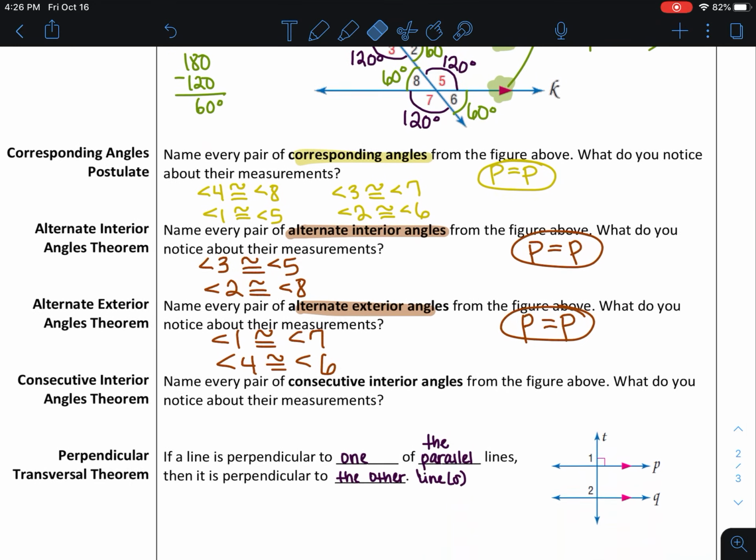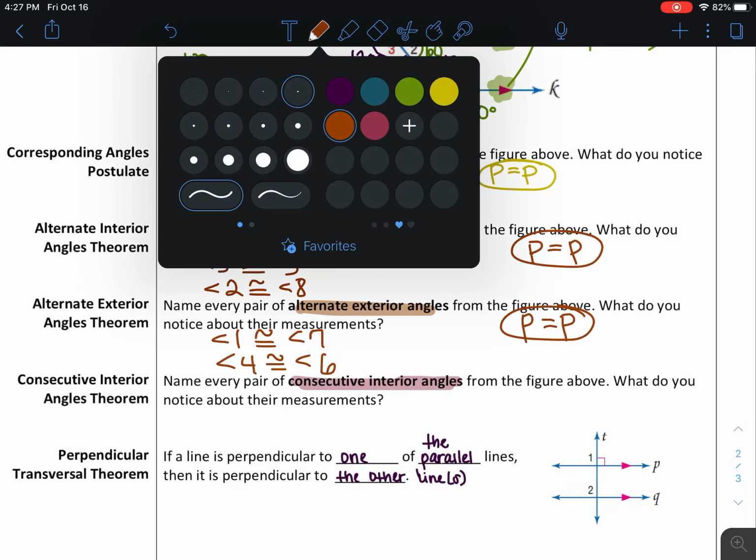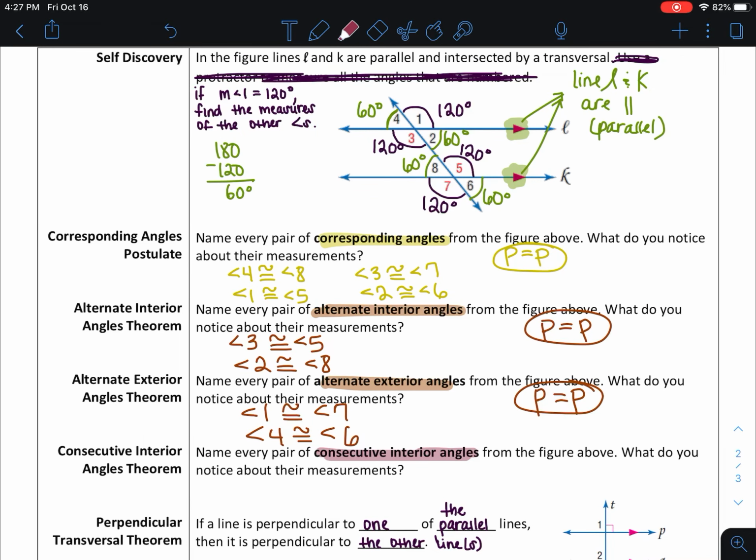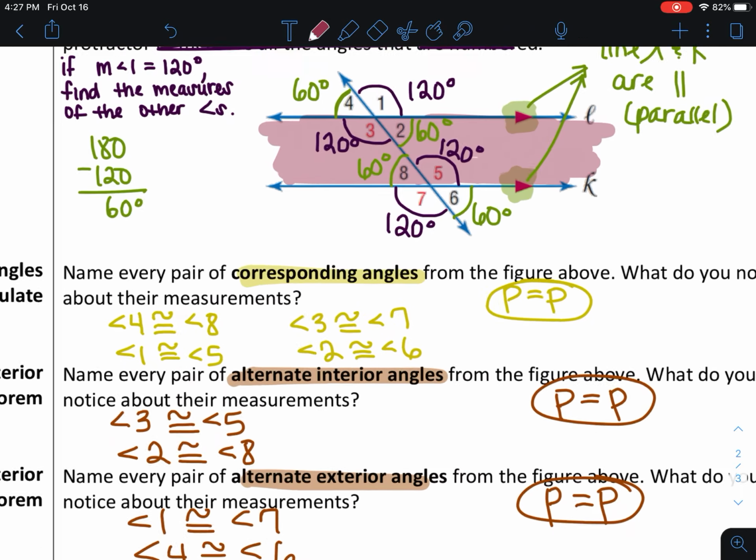So now we have consecutive interior angles. So let's take a look at consecutive interior angles. So consecutive means they're on the same side, don't forget. So let's see, it says interior, so let me make sure I'm on the interior, or between. Interior means between the lines, and consecutive means they're on the same side.